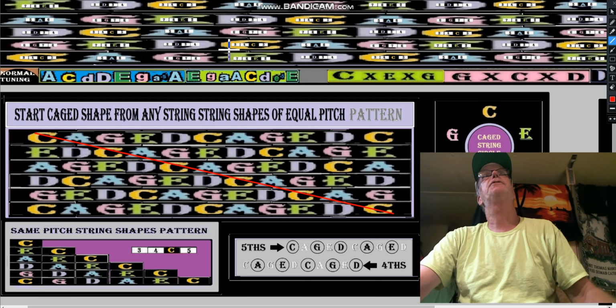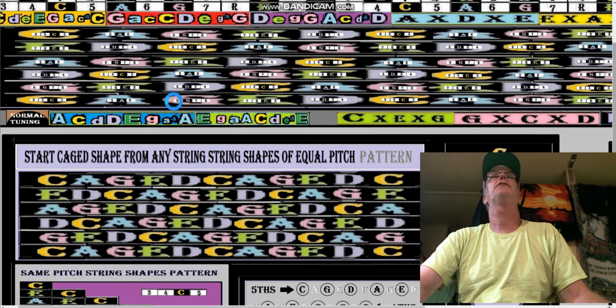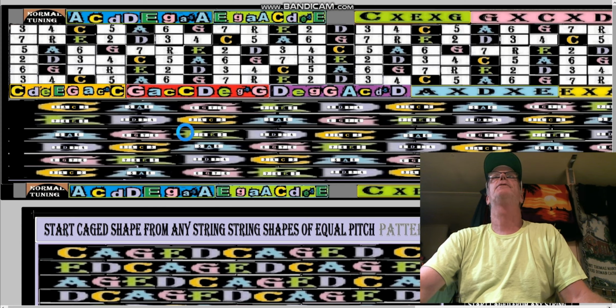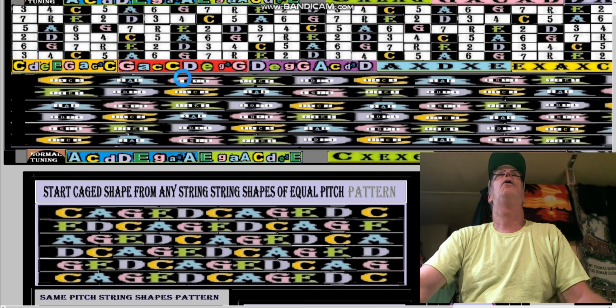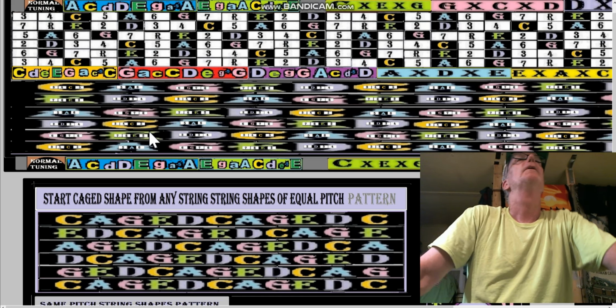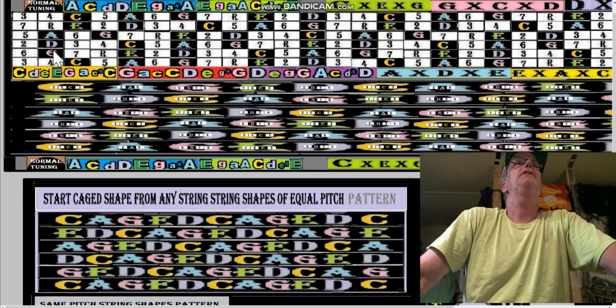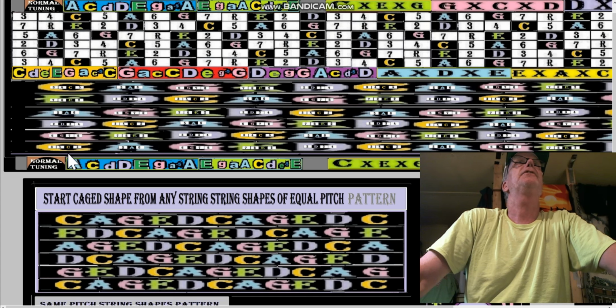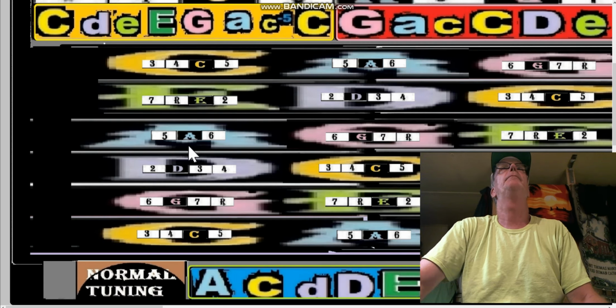So in CAGED, if you want to see the whole story, I decided just to add all the string shapes, and there they are. Isn't that wonderful? They're all right there. So you can see this. We've got C, G, D, A, E, and C, C, G, D. Well, let's zoom in on them.